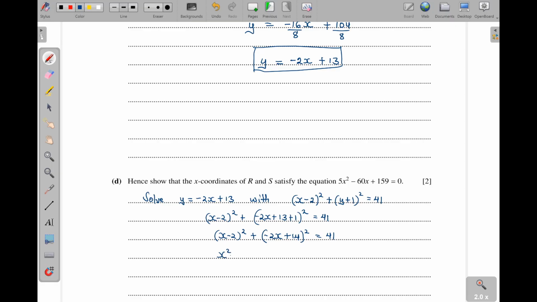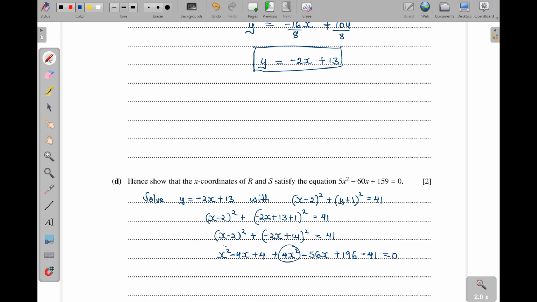This will be x² − 4x + 4, then squaring this one gives 4x², and 2 times 2 gives 4, times 14 is 56, so −56x, and when you square 14, that is 196. Then bring 41 to this side, it becomes minus, equal to 0.